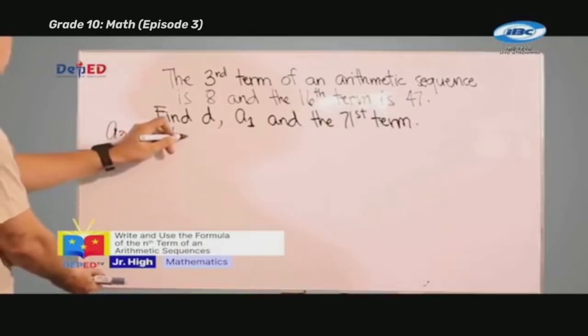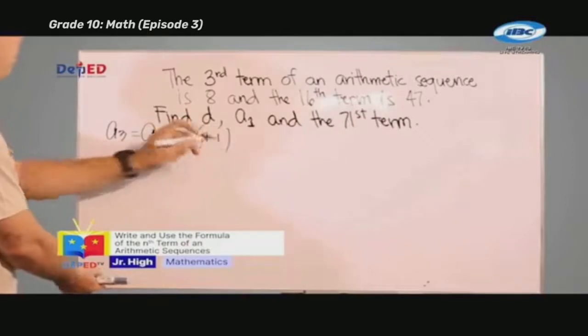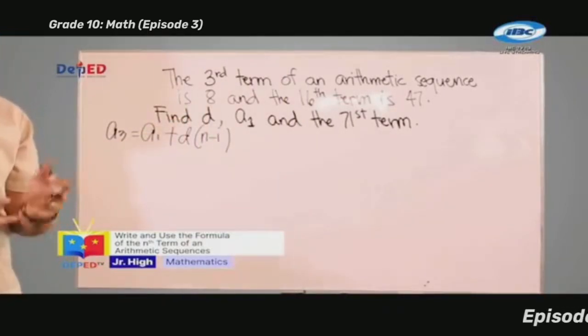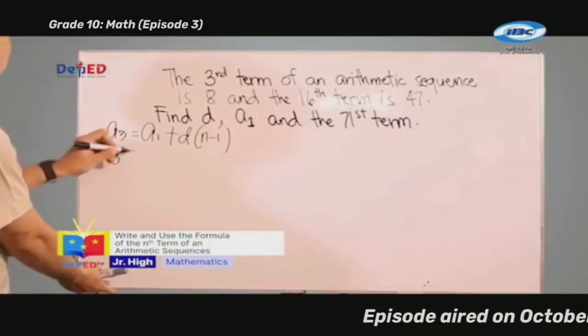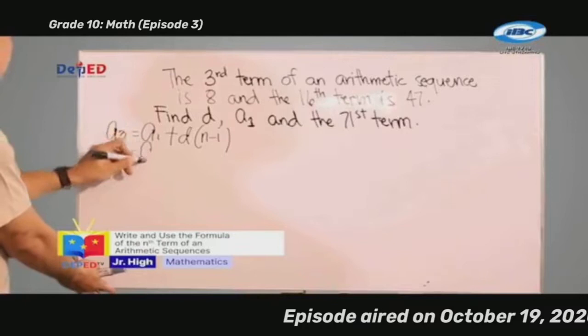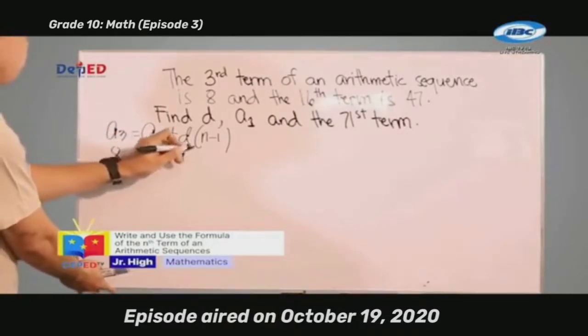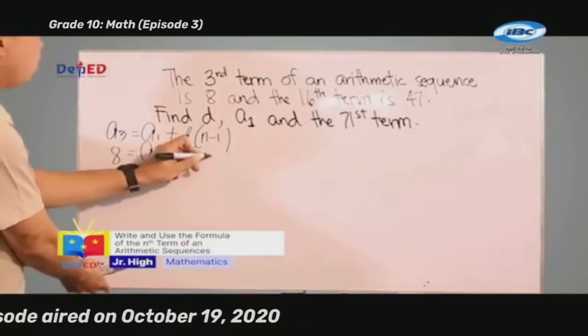plus the difference times n minus 1. Next, using the value of a sub 3, we have 8 is equal to a sub 1 plus d. For n, we will use 3, so that's 3 minus 1.